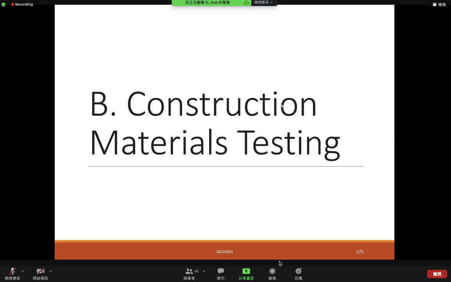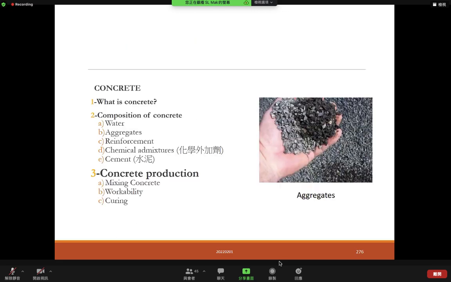Okay, for the construction material testing, there are many different materials used to make buildings, roads, etc. Now I would like to discuss what kind of testing will be applied to construction materials. Firstly, I would like to discuss what concrete is.